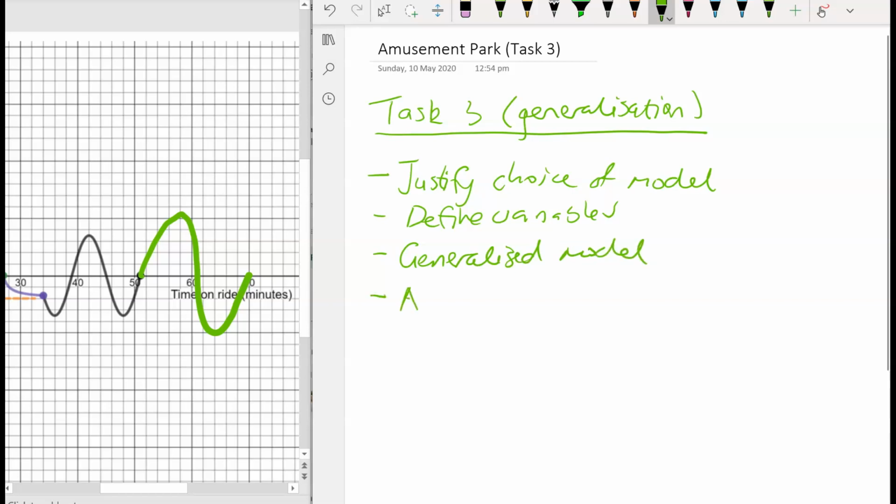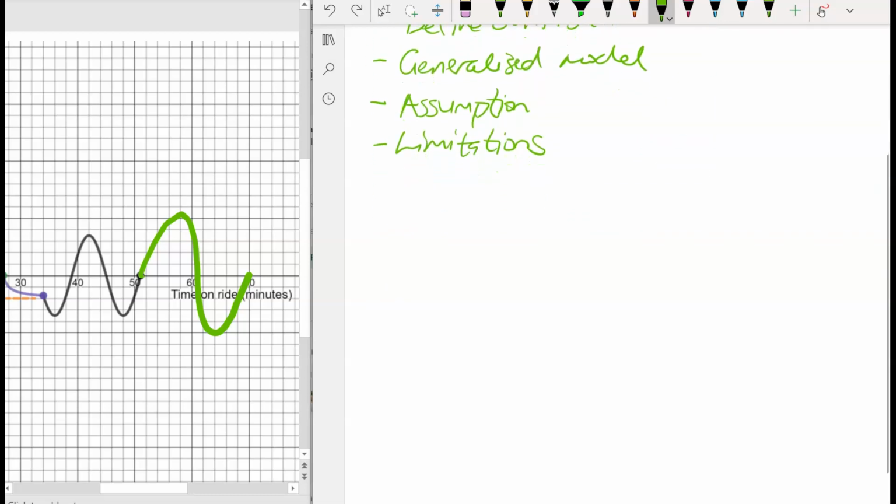And then after that, we did need to consider any assumptions that are required to make that generalized model work for other amusement parks. And we did need to look at any limitations or issues that could arise with that model that we've chosen. So we're going to start off with that first bit, justify the choice of our model.